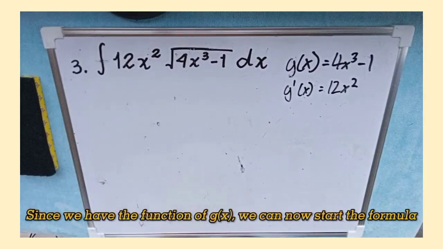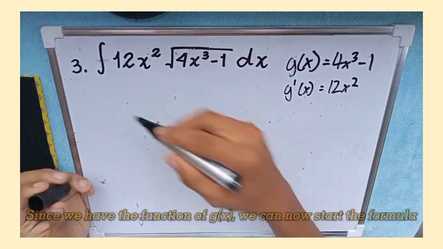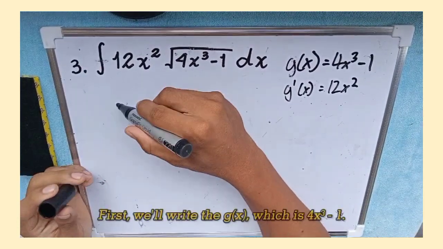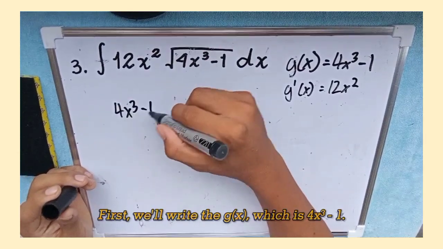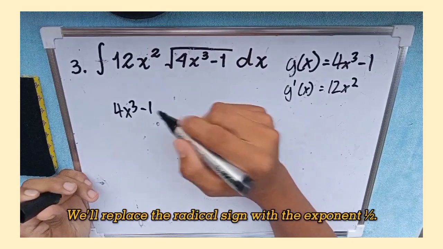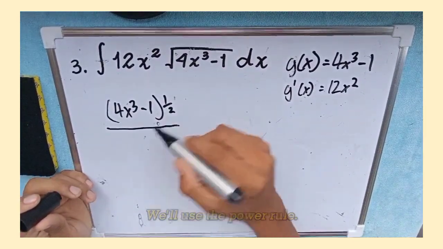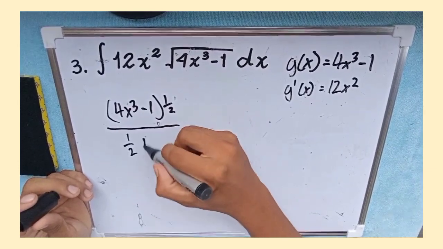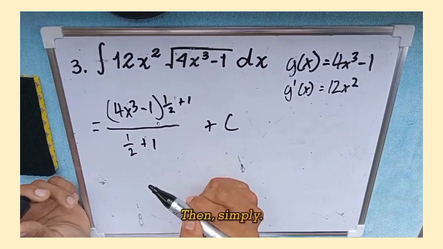Since we have the function g of x, we can now start the formula for solving the integral. First, we'll write the g of x, which is 4x cubed minus 1. We'll replace the radical sign with the exponent 1/2. We'll use the power rule. Then simplify.